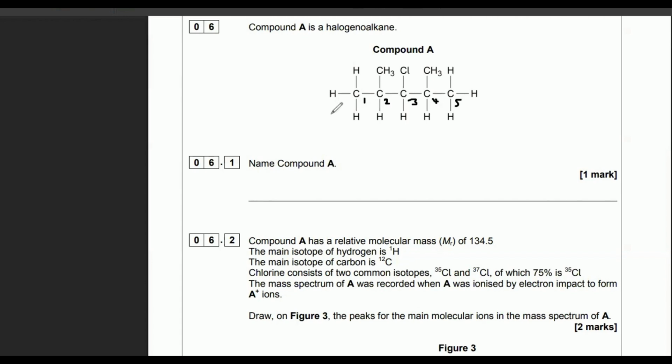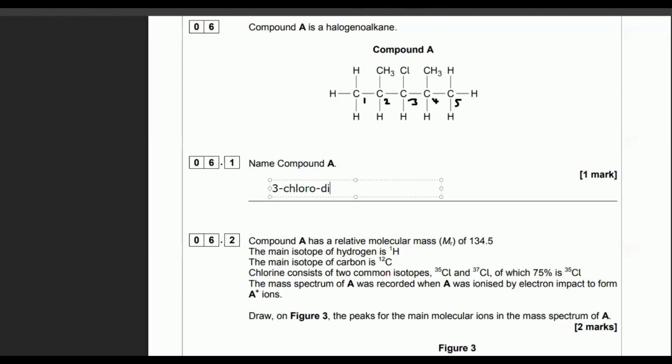So it's a pentane. And what we want to do is maybe go two, four dimethyl chloropentane. I might want to go three chloro, alphabetical, three chloro, two, four dimethyl pentane. So we're looking at three chloro, dimethyl.